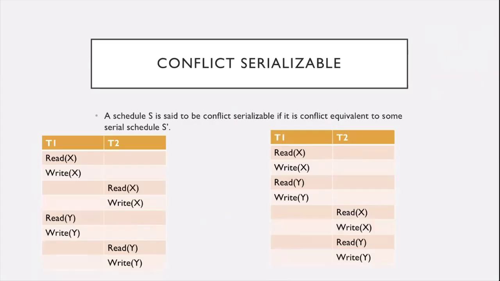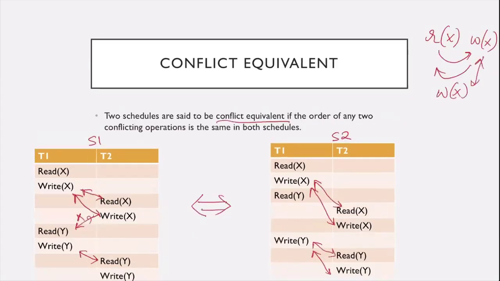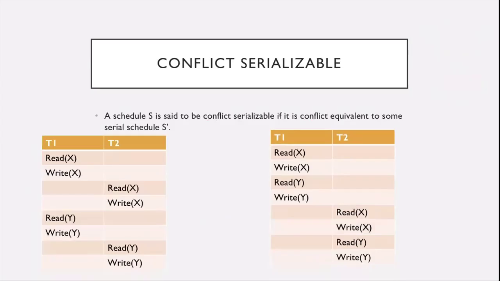Then comes the concept of conflict serializability. We saw conflict equivalence. Now you can see S1 and S2, both of these are non-serial schedules. If your schedule is conflict equivalent to a serial schedule, then your schedule is said to be conflict serializable.